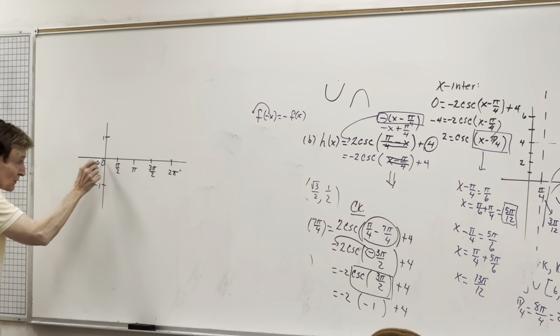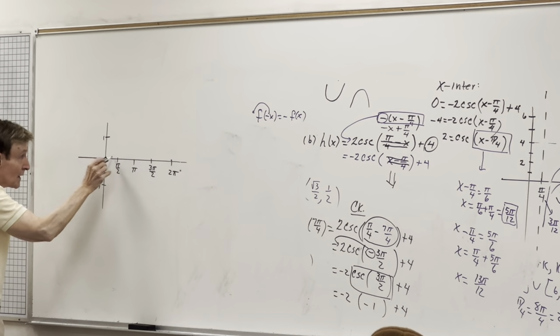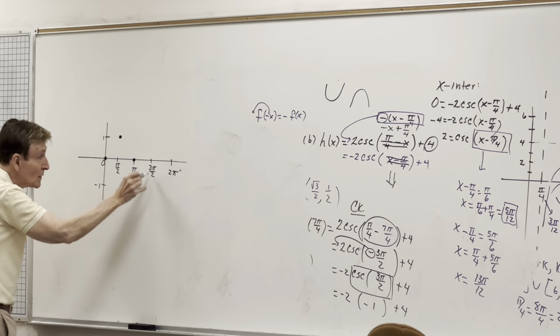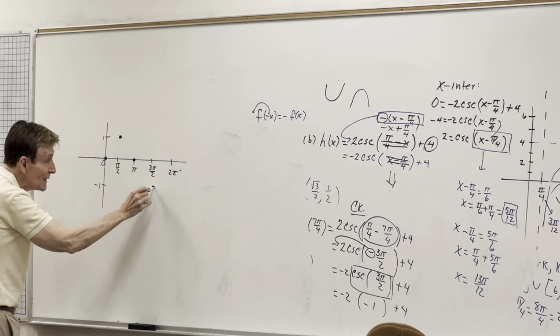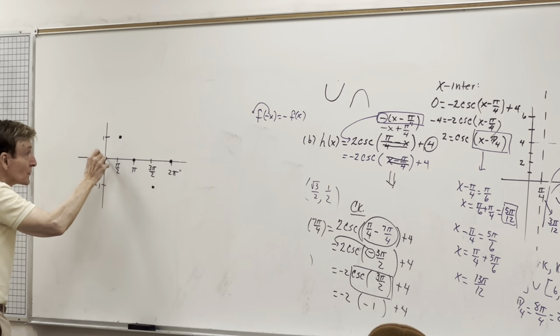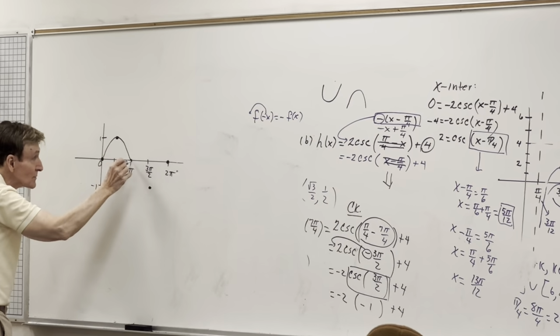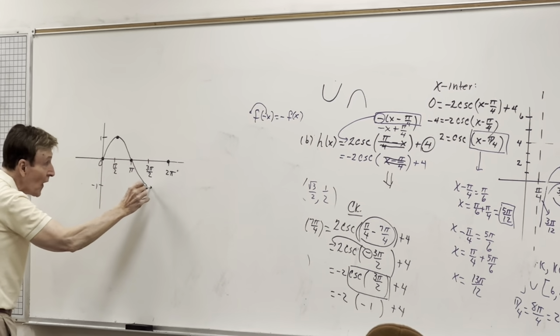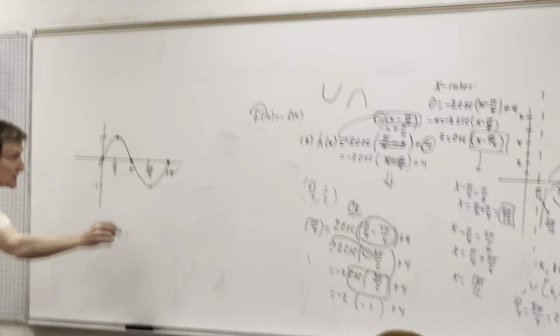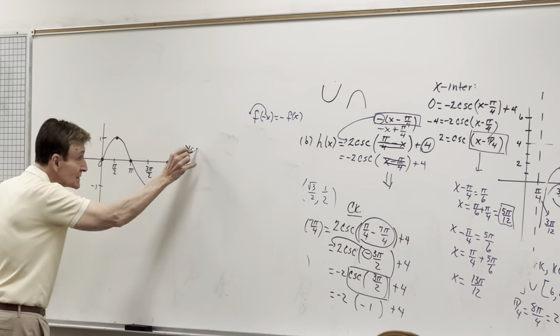I think it starts at 0, this is sine, guys. Goes up to 1, 0, down to a -1, back to 0, and the graph looks something like this rough sketch here. So this is y is equal to sine x.